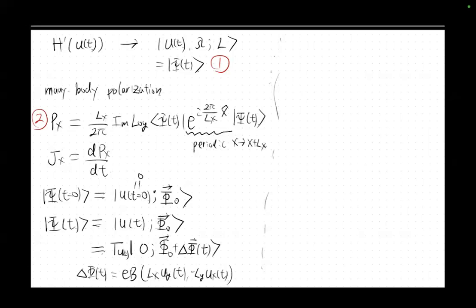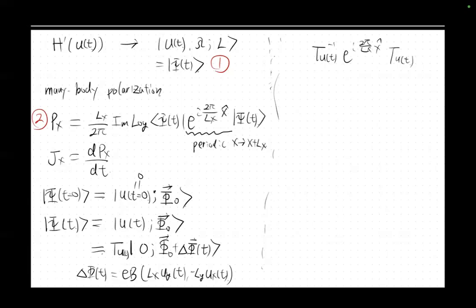Okay, so how can we compute the current? Well, there's a fast component which comes from acting with T_u(t) inverse, e^{i 2π/L_x x̂}, T_u(t). These are magnetic translations, but the actual magnetic translation position is straightforward. It just shifts the position.